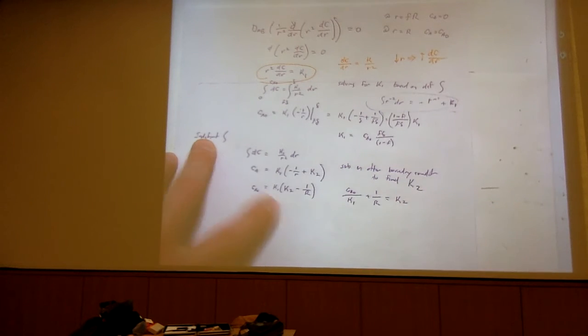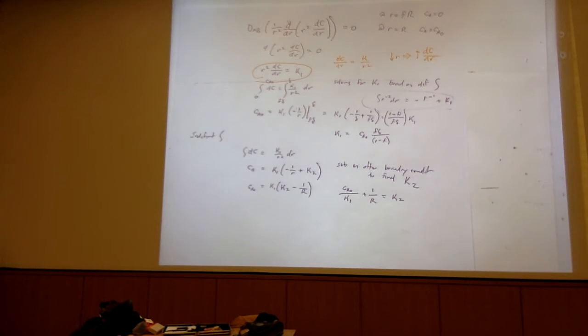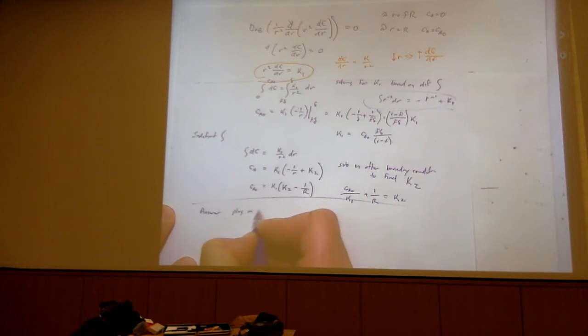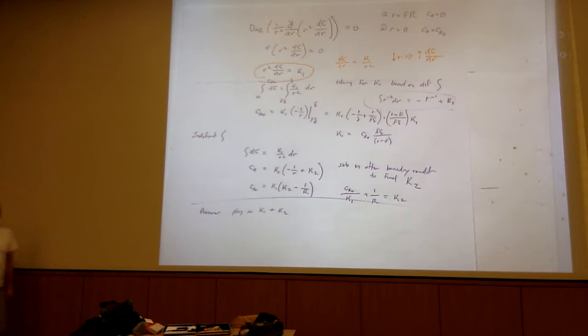Did I do that right? Yeah, looks like I did. So now, to get my answer, I need to plug in K1 and K2. But since K2 is already a function of K1, you're much better off to plug it in before you try to solve all of that.